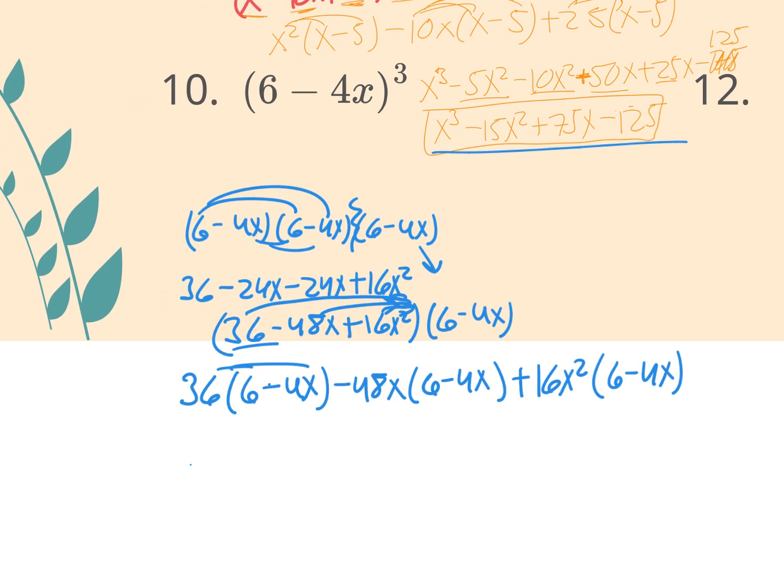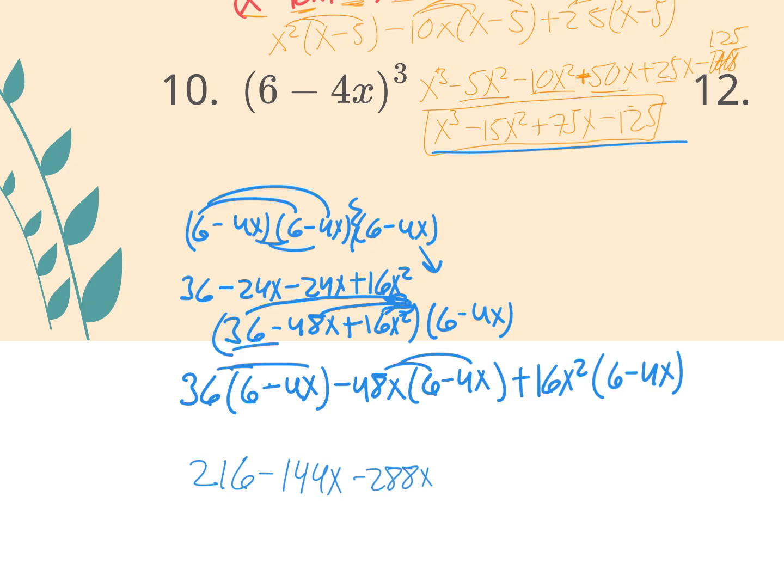36 times 6 is going to get you 216. And then 36 times negative 4x is going to get you negative, what is that, 144x? All right, and then I can do the same thing over here. Negative 48x times 6. Again, you can do that off to the side if you need to, but that's going to get you negative 288x.